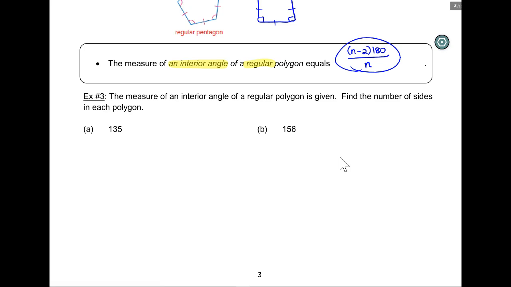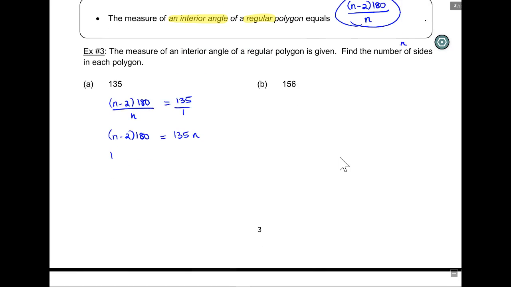So example 3, the measure of an interior angle of a regular polygon is given. Find the number of sides, so that's n, in each polygon. So I know (n minus 2) times 180 over n has to equal 135. So I'm going to multiply both sides by n, or think of it as putting that over 1 and cross multiply. So I have (n minus 2) times 180 equals 135n.